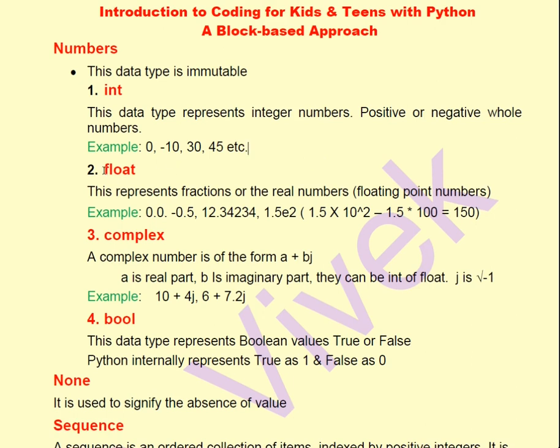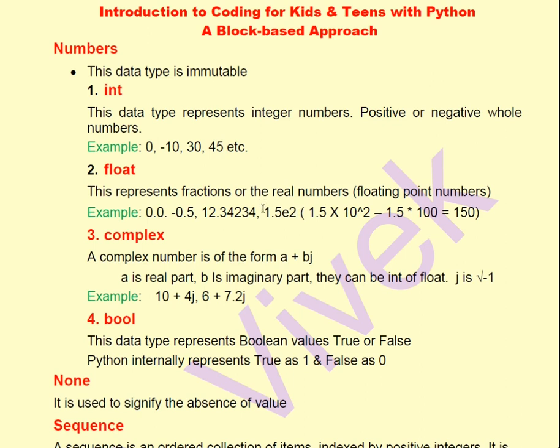The second numeric data type is float. This represents fractions or real numbers, also referred to as floating point numbers. So numbers with a decimal point, that is real numbers or fractions, are referred to as float in Python. Here are some examples: 0.0, -0.5, 12.3234. And in this example, it is written 1.5E2.